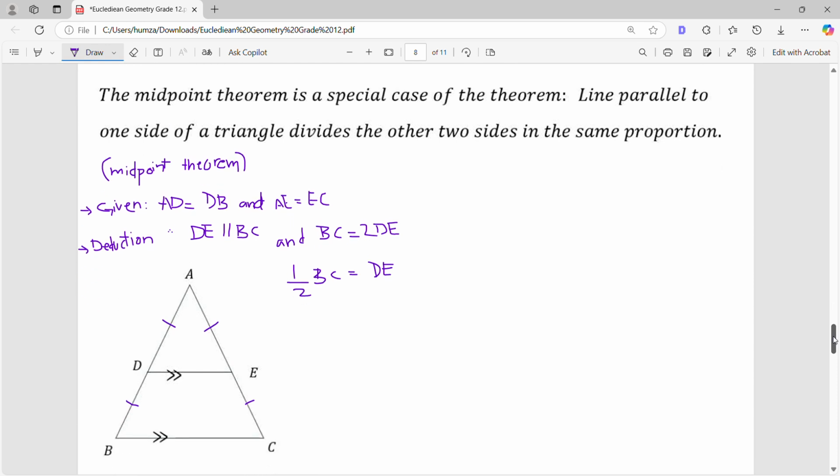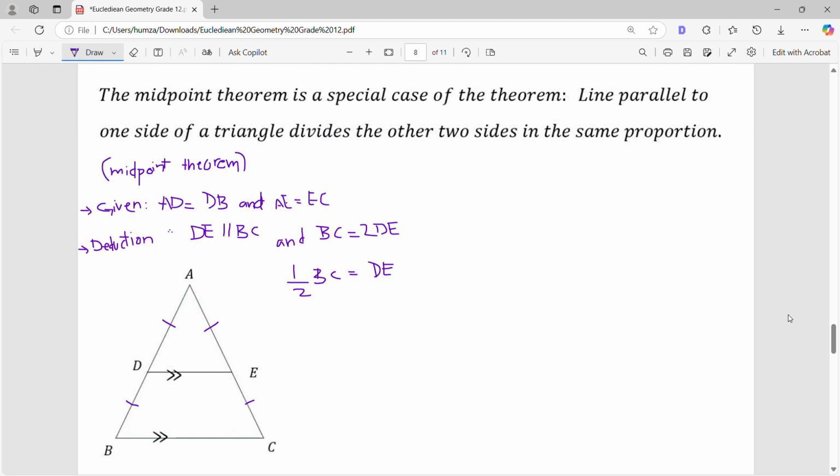Okay, so the converse for this theorem says that if a line segment joins the midpoint of one side of the triangle and it is drawn parallel to another side, it will bisect the third side and it is equal to half of the length of the side that is parallel.